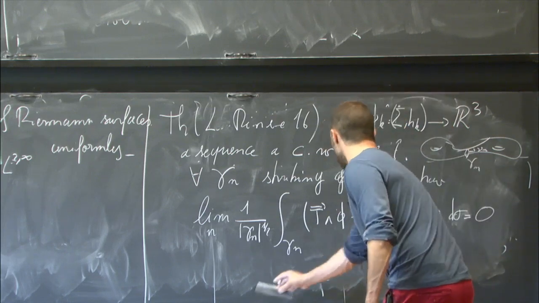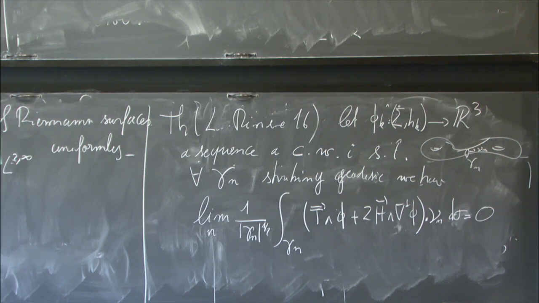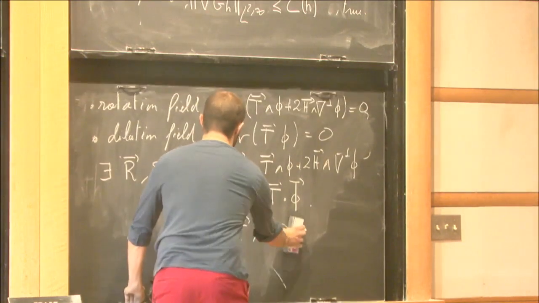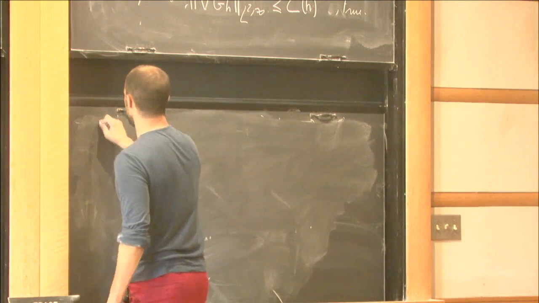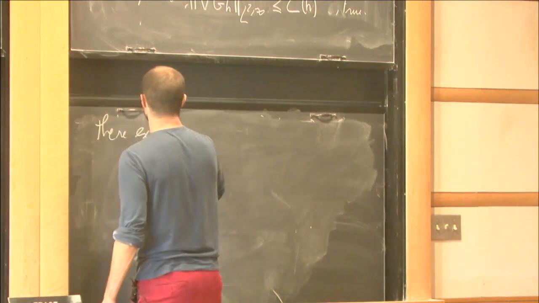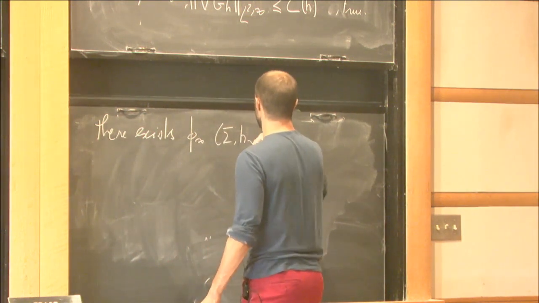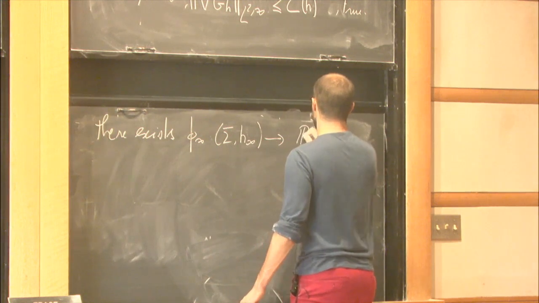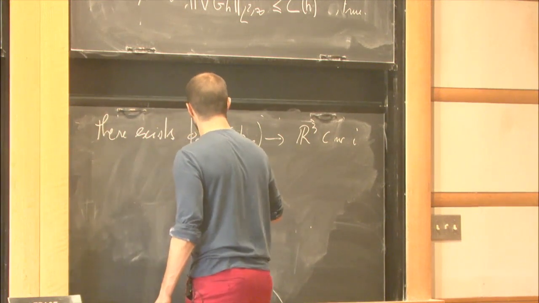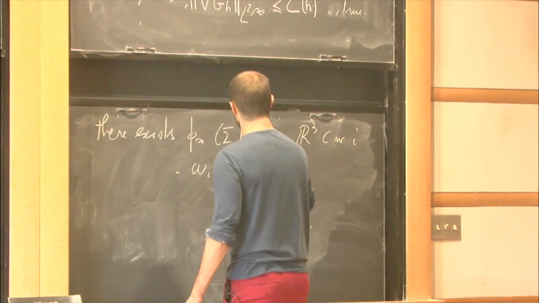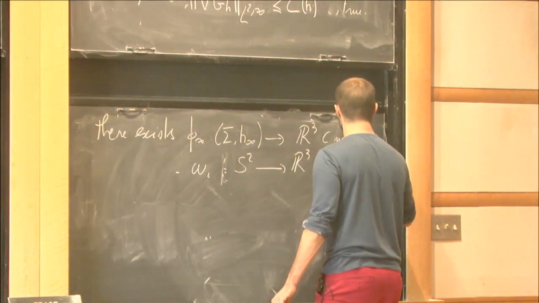If this limit is 0, then we have an energy density that I'm going to write exactly. So there exists phi infinity from the nodal surface, so I note like this, a conformal Willmore immersion, and some bubbles from S2 to R3, conformal Willmore immersions also.